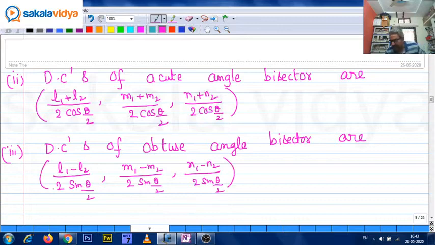So these are the concepts regarding the angle bisectors.